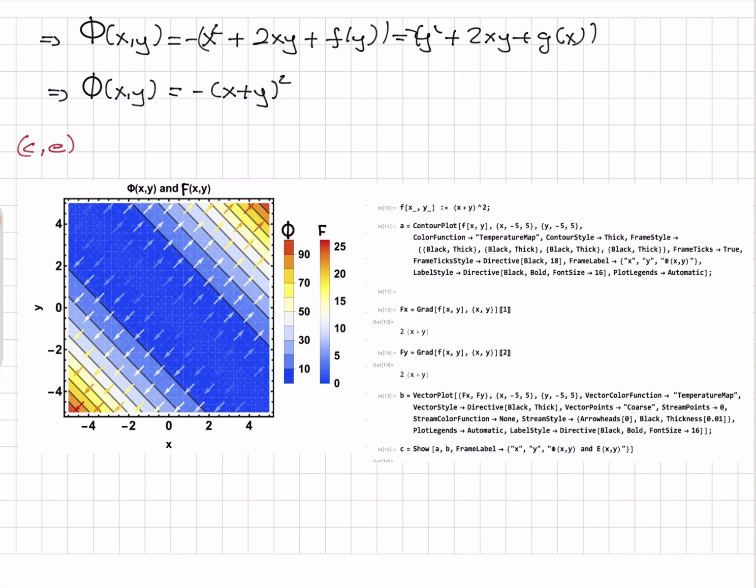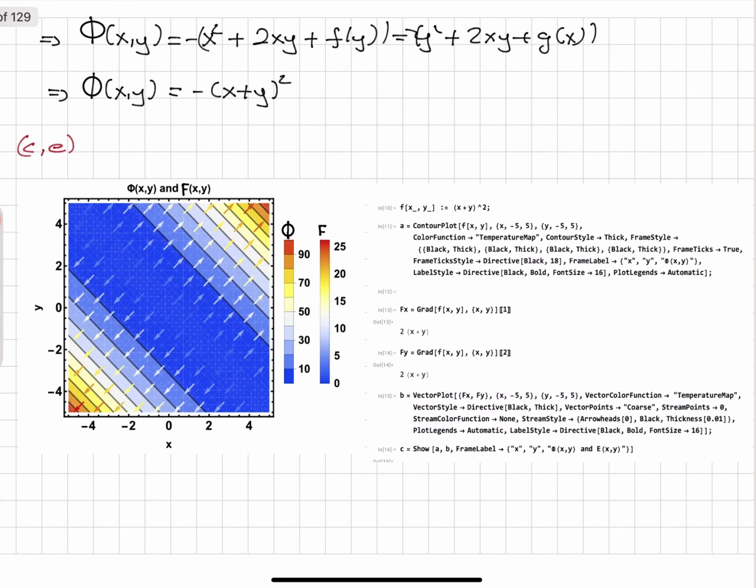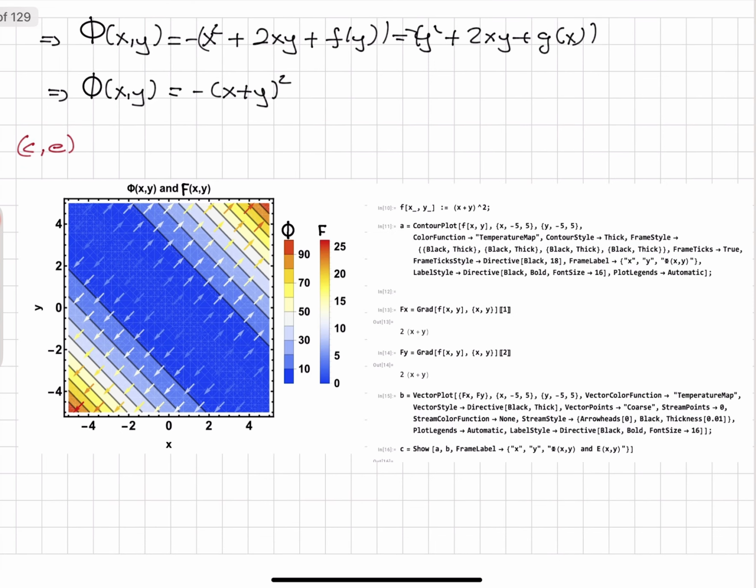So it's minus the gradient will give me minus 2x, but the minus sign will get rid of it, 2 times (x plus y), the derivative with respect to x and derivative with respect to y. So the scalar potential I'm looking for is minus (x plus y) squared.